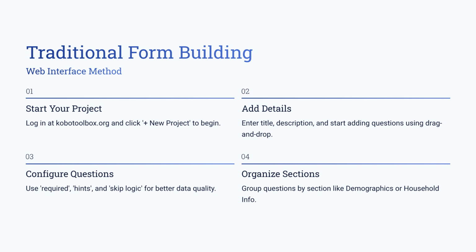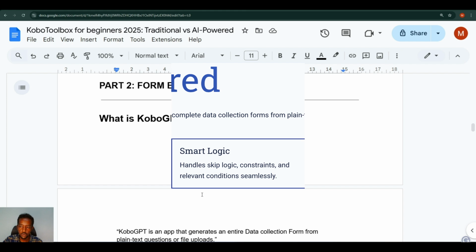But first, let's also talk about form building with AI. There are different ways you can use AI to build and design forms. One is you can brainstorm with any AI large language model such as ChatGPT, Claude, and DeepSeek.